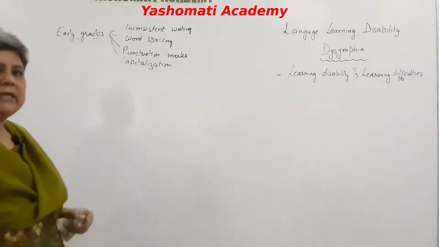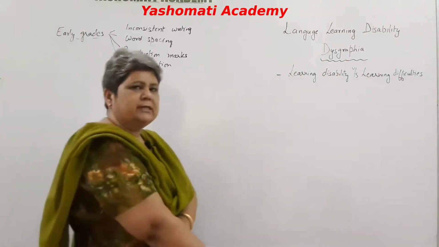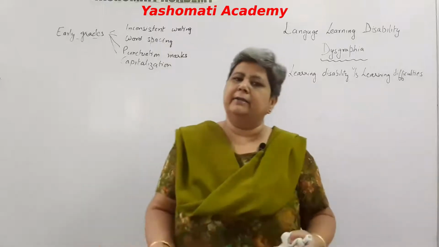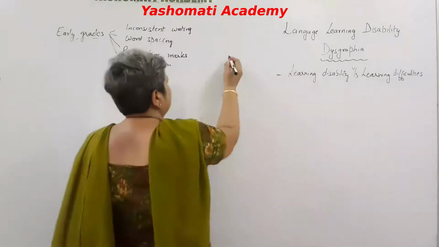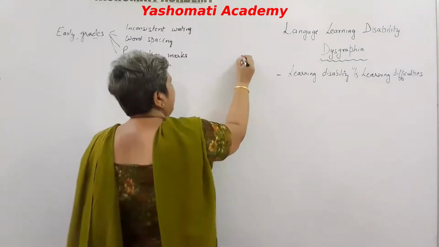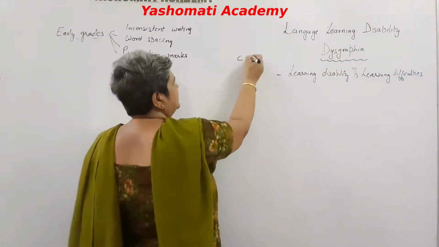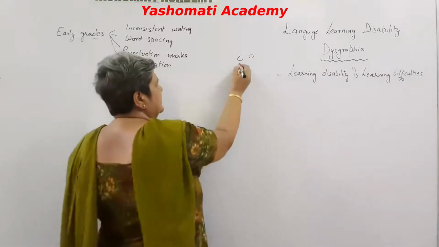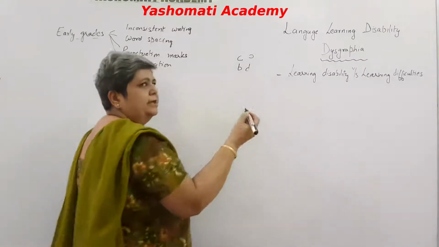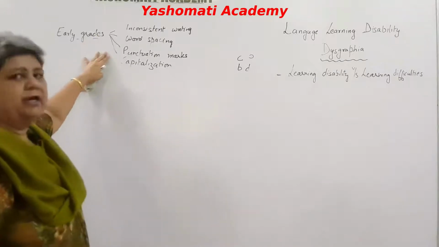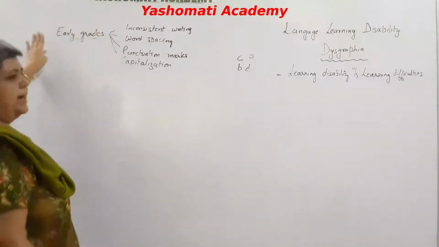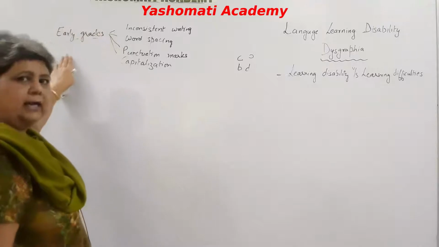And we have also studied that most commonly the alphabets are written in reverse, right? For example, usually C is written like this, but they will be writing it like this, and they may be confusing B with D and so on. So these characteristics we are able to identify even at early grades.